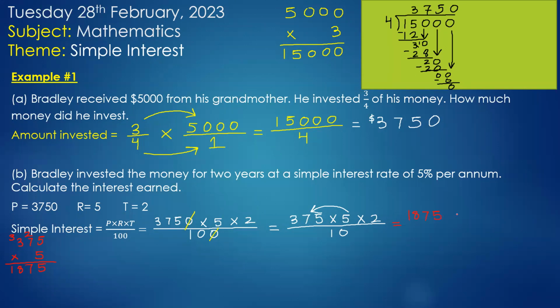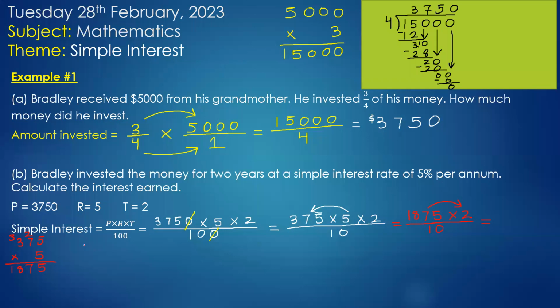Multiplied by 2, divided by 10. It's going to be equal to... So we have to do 1,875 multiplied by 2.